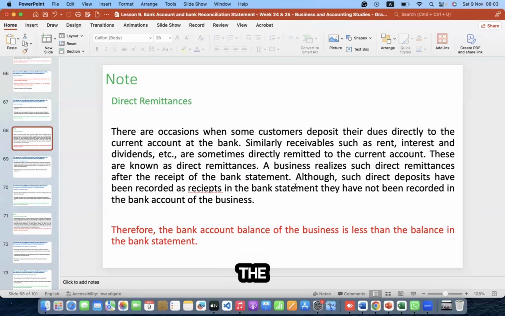Put the subheading direct remittance and write it. In case you could not write it, you can refer to the YouTube video, pause it and write it as well, okay?